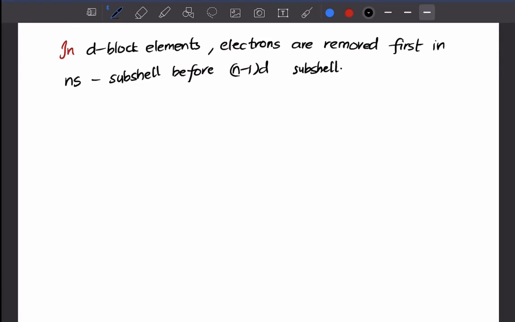So first they are removed from ns, and then if there is anything more, they are removed from (n-1)d.